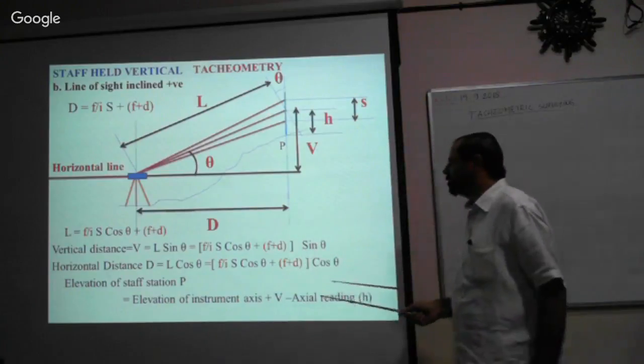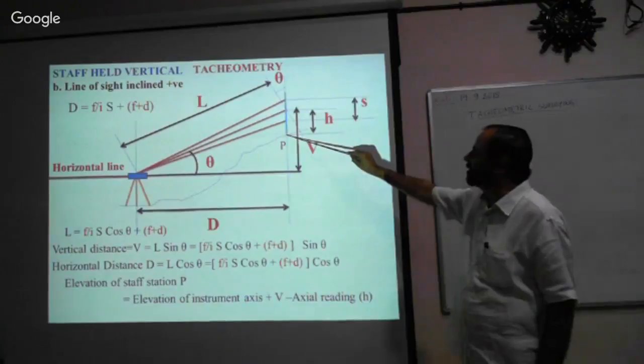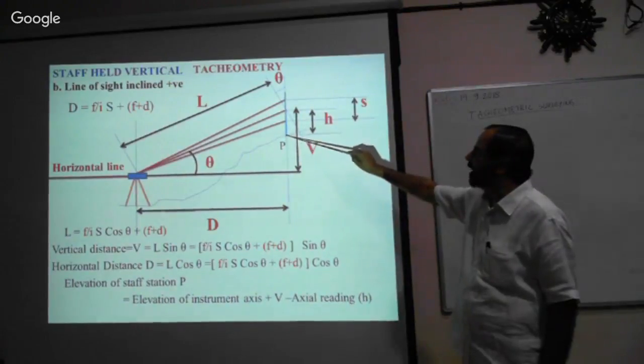But next we need to calculate the elevation of the location P, the elevation of the object.